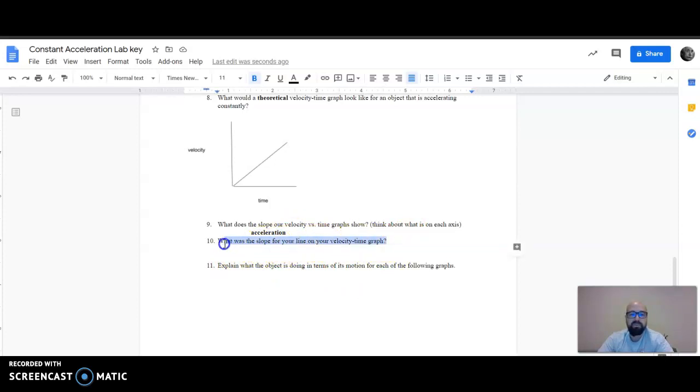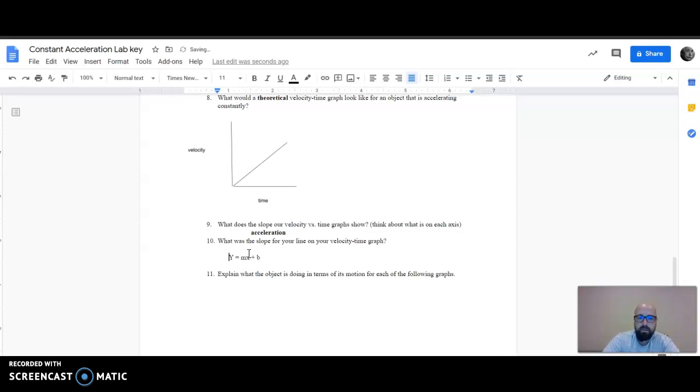And then what was the slope for your line on your velocity time graph? So that just came from you finding the trend line and the equation, and then you would get, just like we talked about in class, y equals mx plus b. You get that in that format, and you've just got to then figure out that the m is the slope.